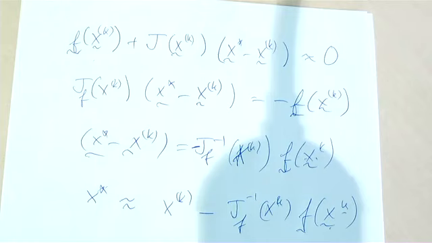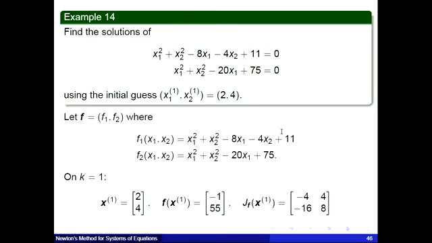So that is how it works, and now we can see the example. That's the theory, and now you can see it in practice. Suppose you have two equations like this. It's nonlinear, so you cannot use a linear system to solve it, right?